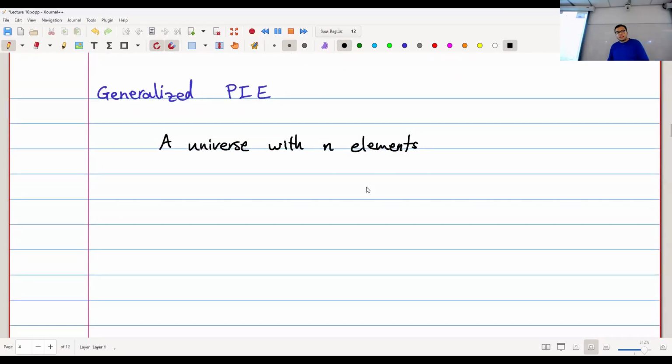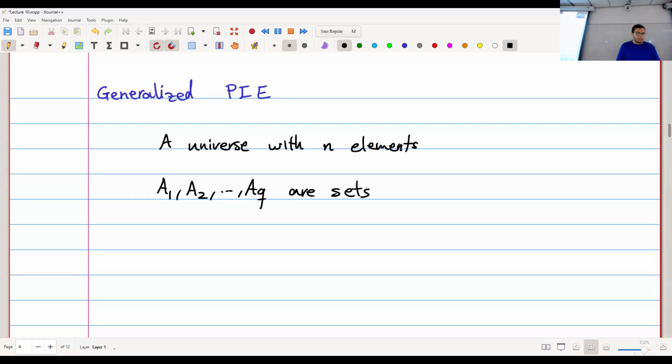And then let's say that I have a bunch of subsets in this universe. Let me make sure that I'm using the same notation as the book. Yes. So let's say that I have A1, A2 to AQ, and these are just sets.